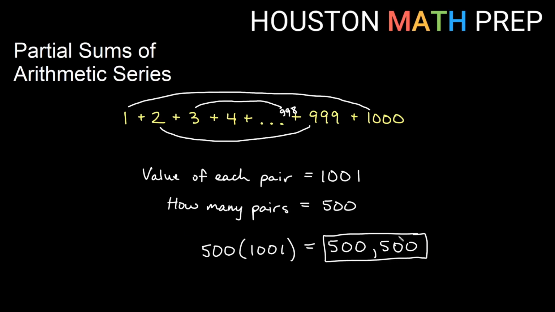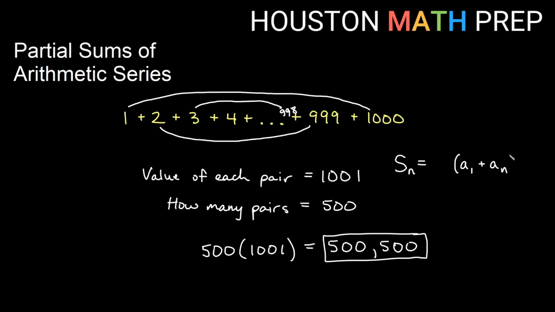So how will we write that more in math speak rather than saying the value of each pair and how many pairs? We will use a formula for the sum of the first certain number of terms, this partial sum of n terms. So we need the value of each pair. And the value of each pair is just the first term plus whatever the last term is, right? So that's what we did.